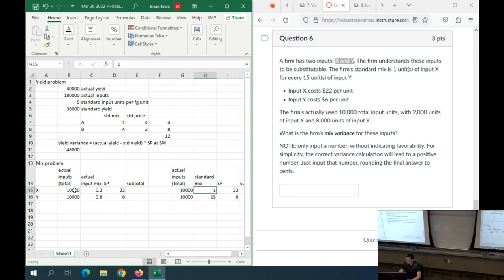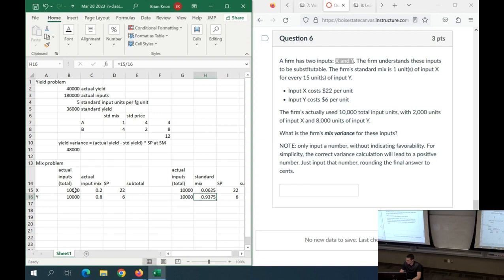Our standard mix, I got to rephrase that in decimal point here. So out of total of 16, one of those 16 is X, and 15 of those 16 are Y.